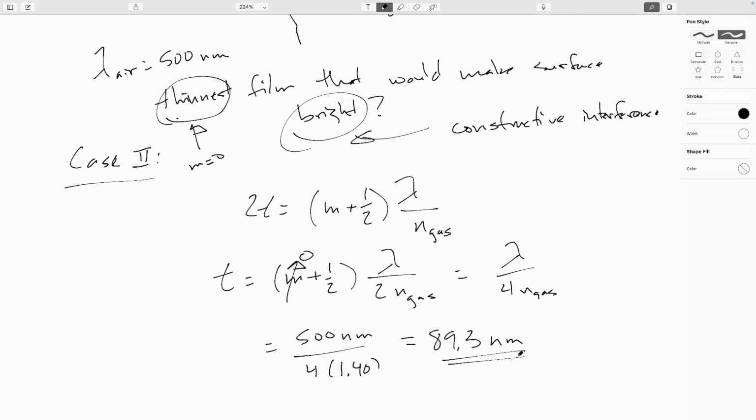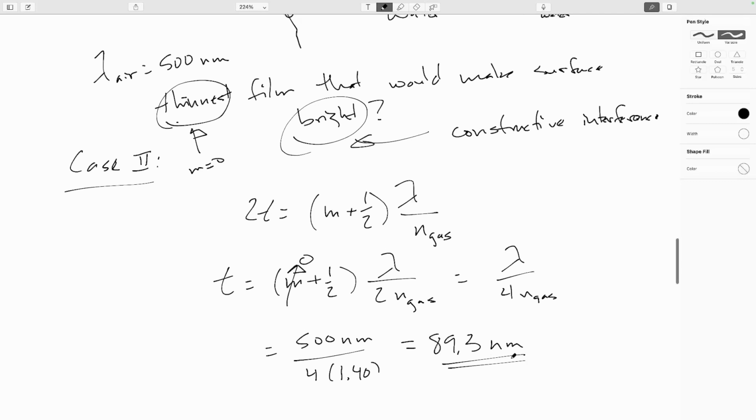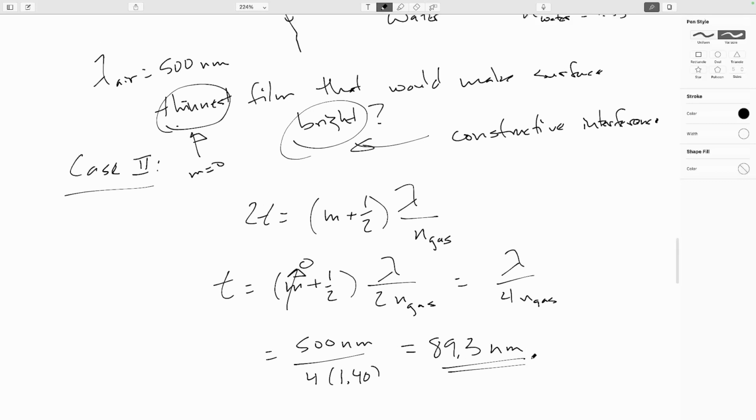So these are very thin films, but we can still be talking about stacks of hundreds of atoms. And so this is actually a very reasonable value. Or in this case, almost nearly 1,000 atoms.